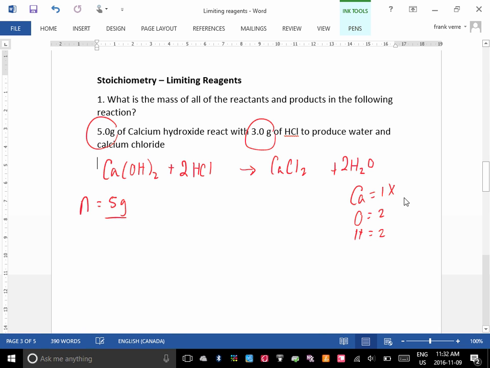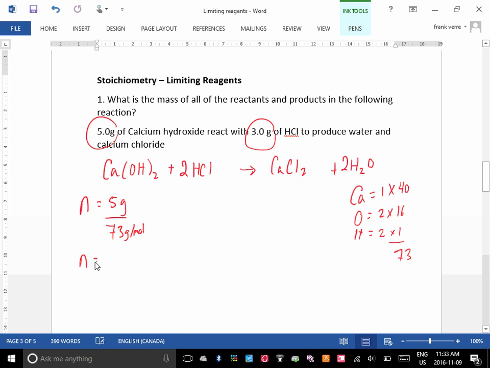Calcium weighs about 40, oxygen weighs about 16, and hydrogen weighs about 1. So 40 plus 32 is 72, so it's about 73. So the molar mass of calcium hydroxide is about 73, okay? So 73 grams per mole.